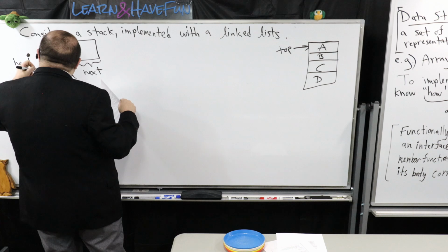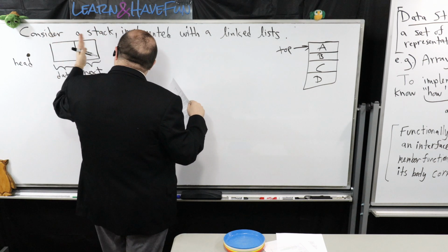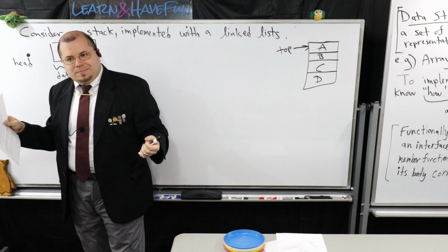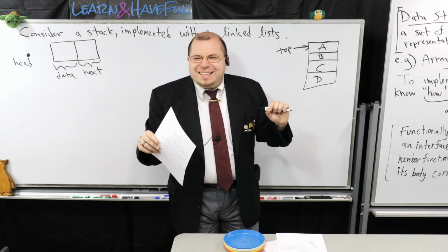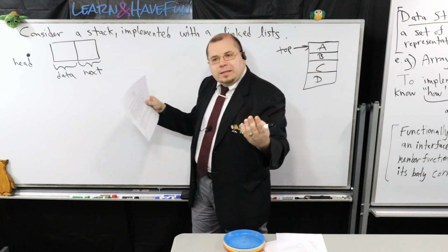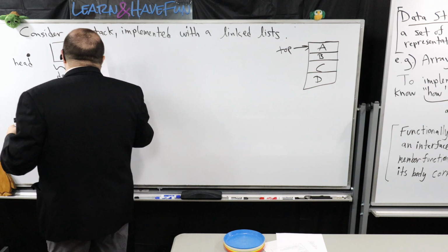So each one of our nodes is structured like this. This could be a number in here. It could be some element. I'm not going to be focused so much on the types of data that are in there for the data attribute. It's not really that important for us at this stage.